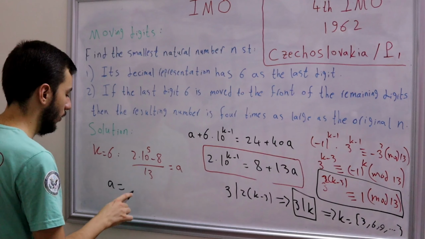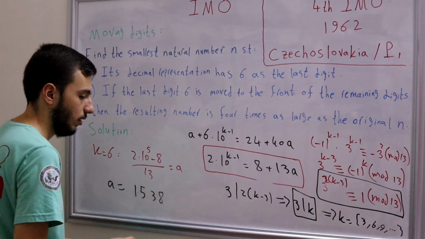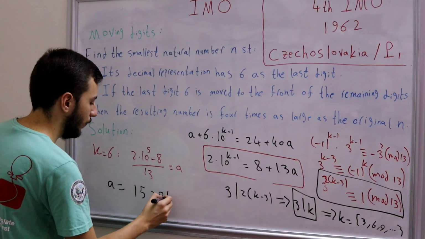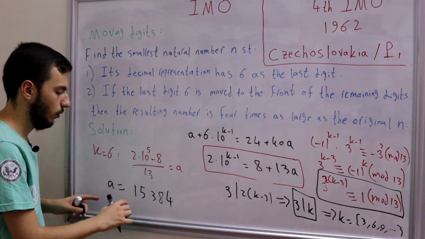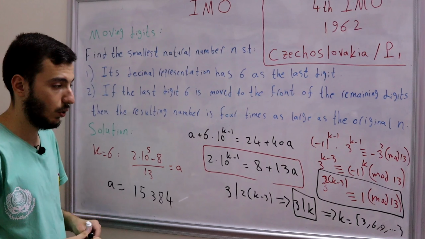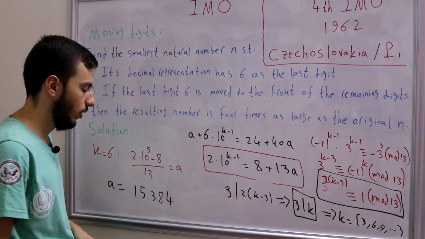All right, so 15, 3, 8, and 4. If you just calculate this thing, you will get this number, and that is a. Now actually we know what is the smallest natural number n, because guess what? What is n?